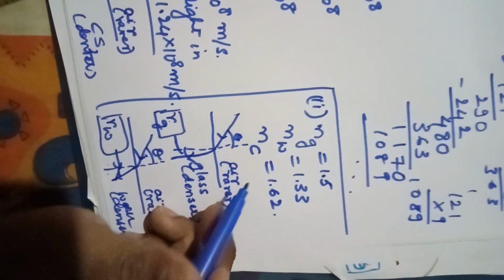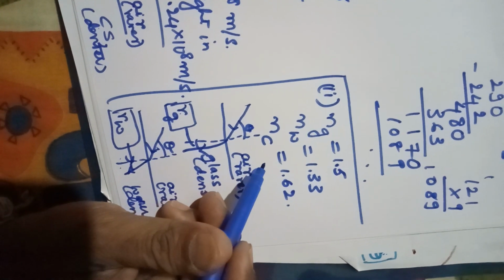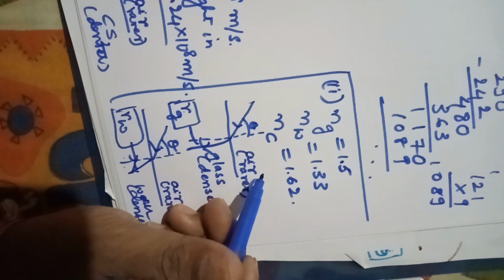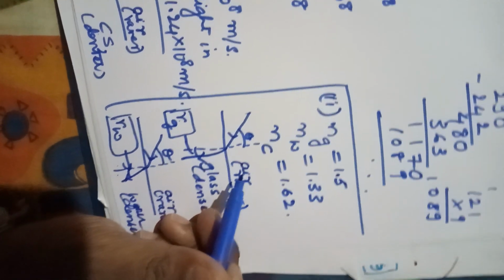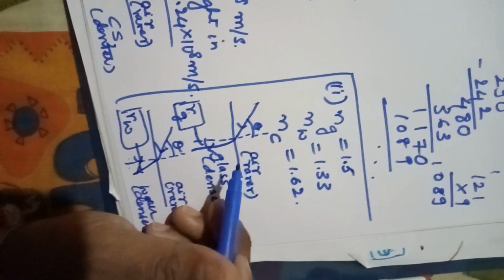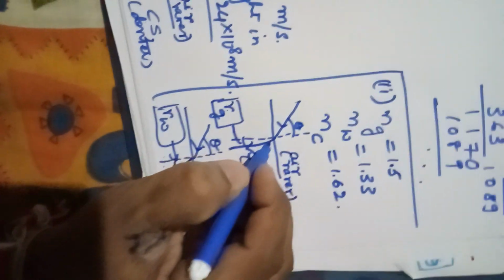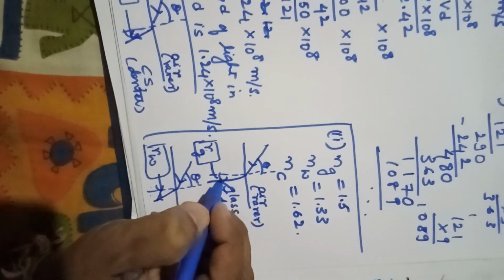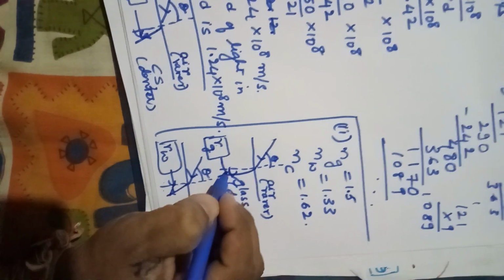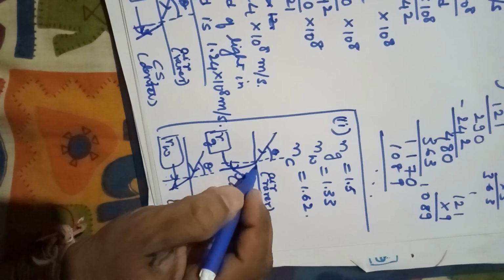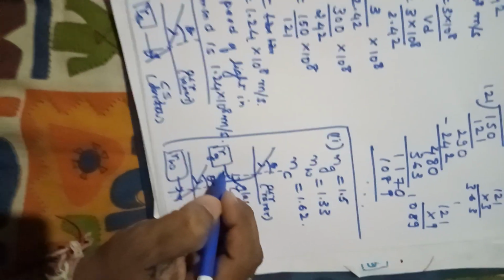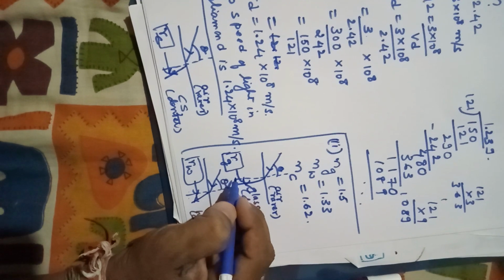So if the refractive index of a medium is more, then the light will bend more. If the light bends more towards the normal, then this angle will be less. The more the light bends towards the normal, less will be the angle of refraction.